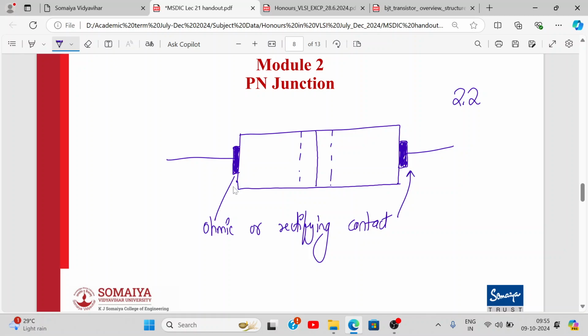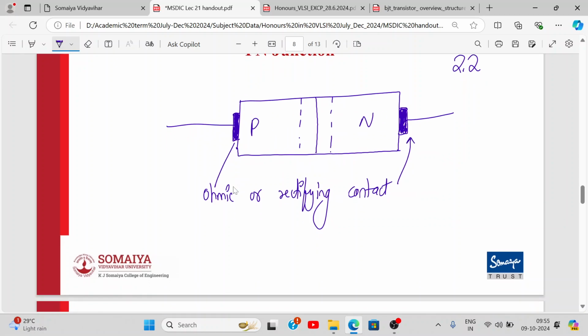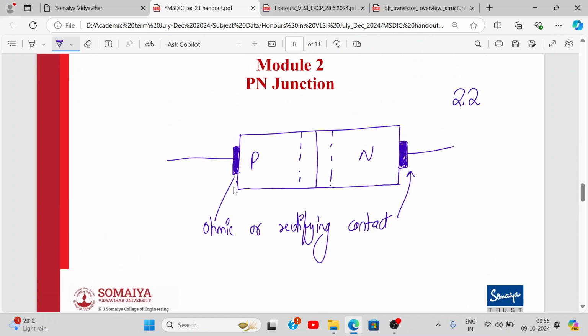Okay? This is P, this is N. Now 2.3, what is 2.3? So we'll analyze these contacts. What is the role of a contact? This is my semiconductor, right? Now this semiconductor I have to connect to the external world via a wire. So I need to have some contact. I cannot use any contact or a copper wire, that cannot connect to the semiconductor. So we have to connect the proper material.